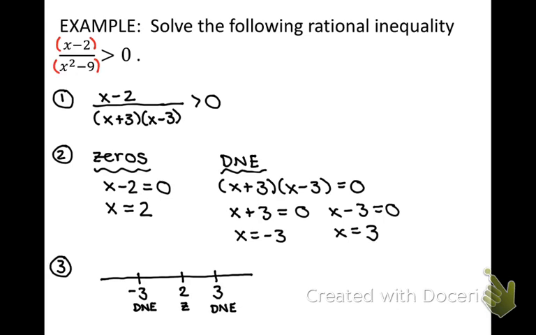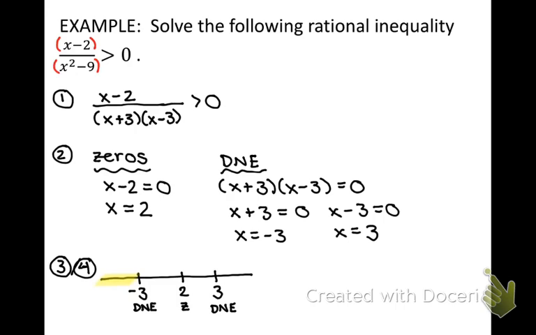All right, step 4 now is to determine my signs in each of these intervals, whether my graph is positive or negative. So when we talk about in each interval, the first interval we're looking at is in negative infinity to negative 3. Now, from negative infinity to negative 3, you can do two things.